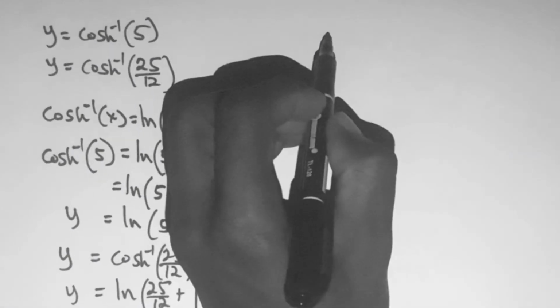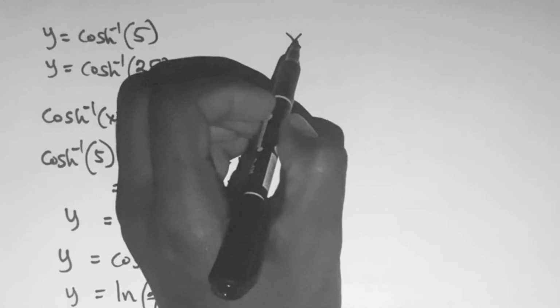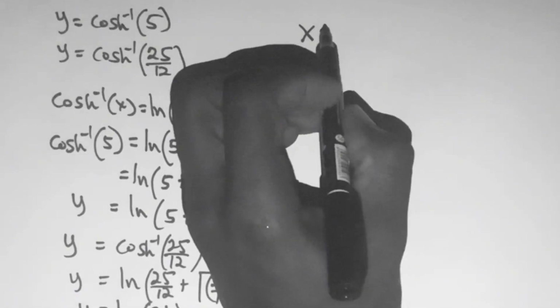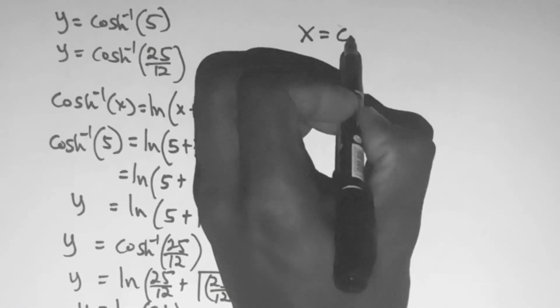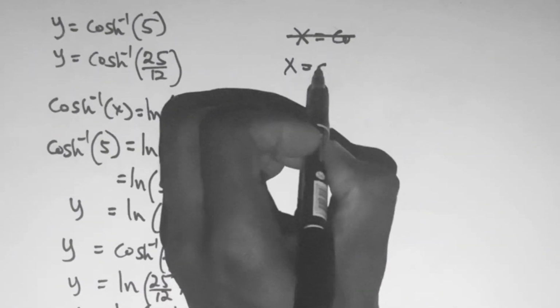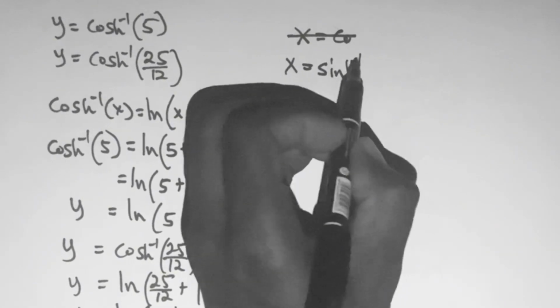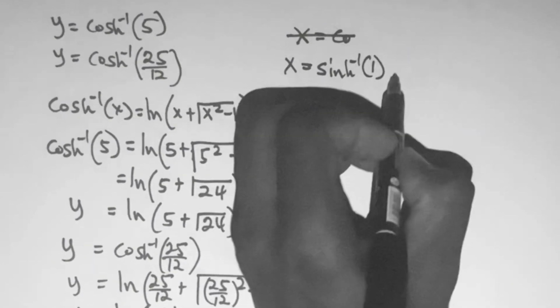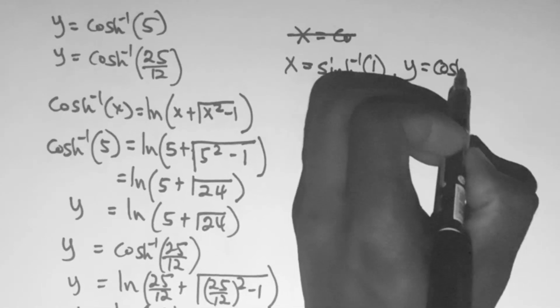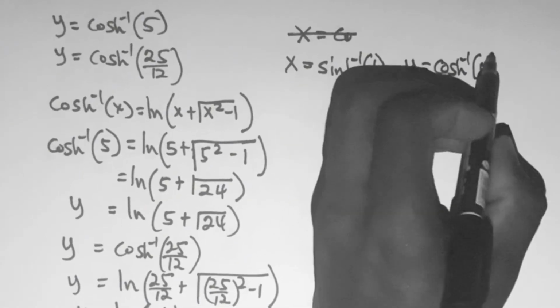So the solutions are, remember now, when x is equal to hyperbolic sine inverse of 1, then y is equal to hyperbolic cos inverse of 5.